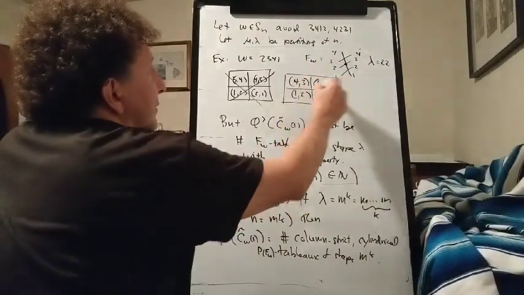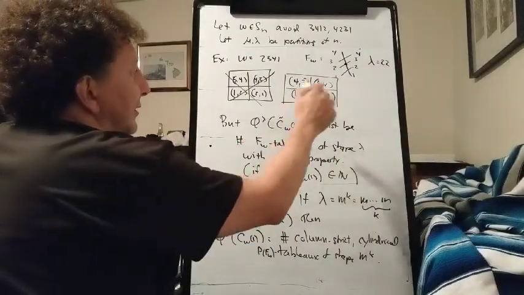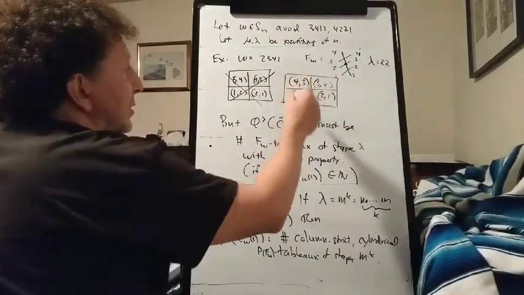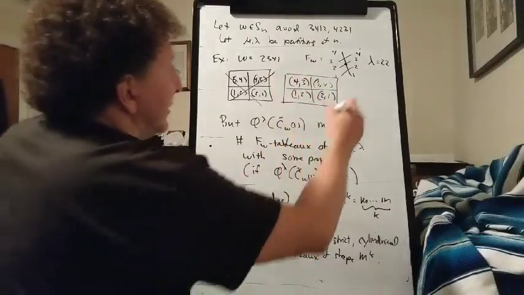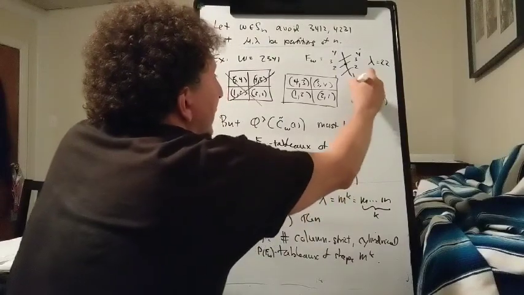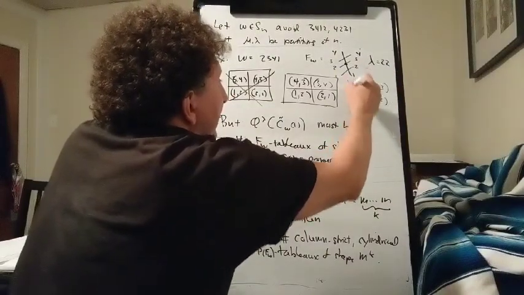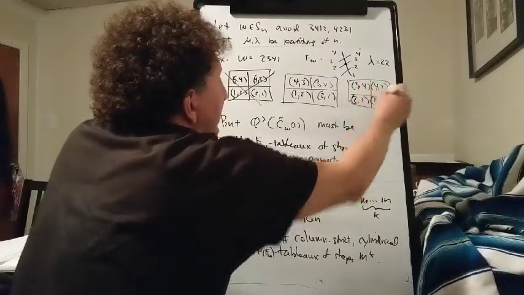So there's one. And then we can swap the two columns. So we'll still have the cylindrical property in each row, and we'll still have column strictness. So we can have 2, 1, 1, 2, 3, 4, 4, 3 in a tableau like this.